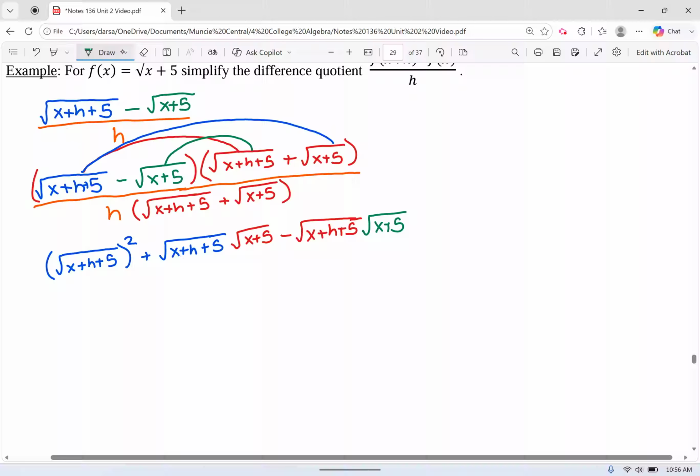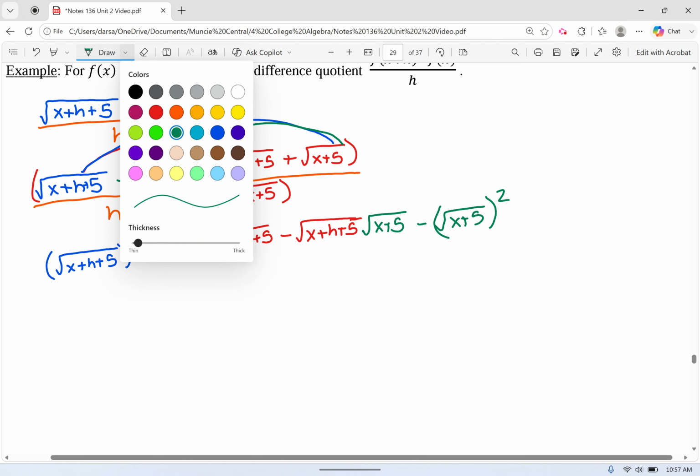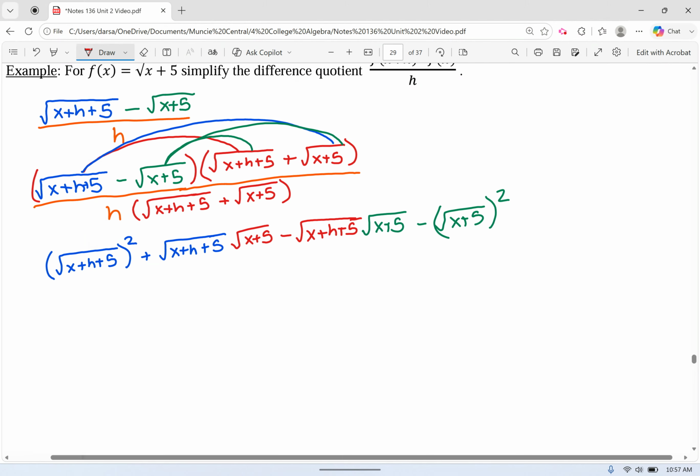And then our last thing that we're going to multiply is the square root of x plus 5 times the square root of x plus 5. Well, what does it mean to have a square root times a square root? That's squared. And remember, one is negative and one is positive. So we're going to have a minus the square root of x plus 5 squared. Now, this whole thing is still over h times that gross square root thing.